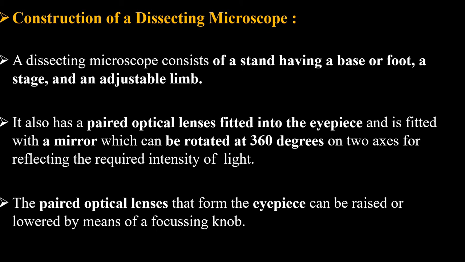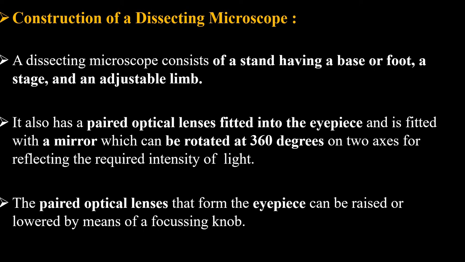Construction of a dissecting microscope. A dissecting microscope consists of a stand having a base or foot, a stage, and an adjustable limb. It has paired optical lenses fitted into the eyepiece and is fitted with a mirror which can be rotated 360 degrees on two axes for reflecting the required intensity of the light.